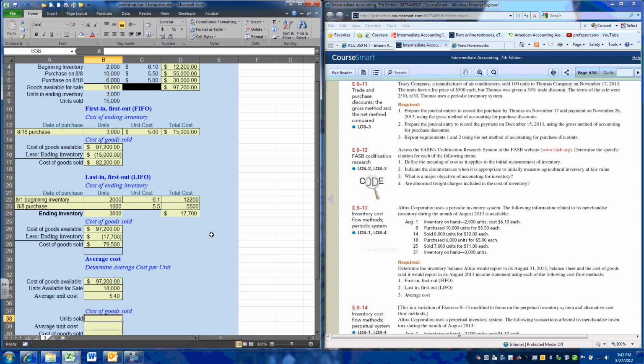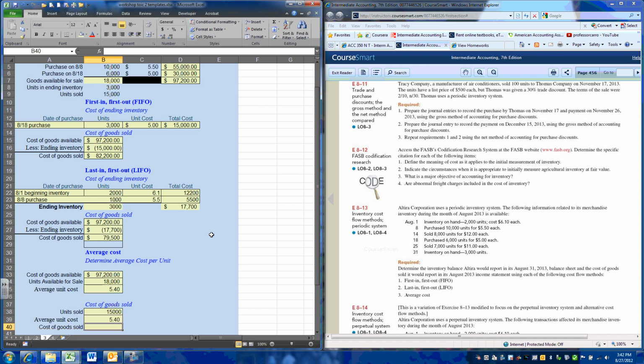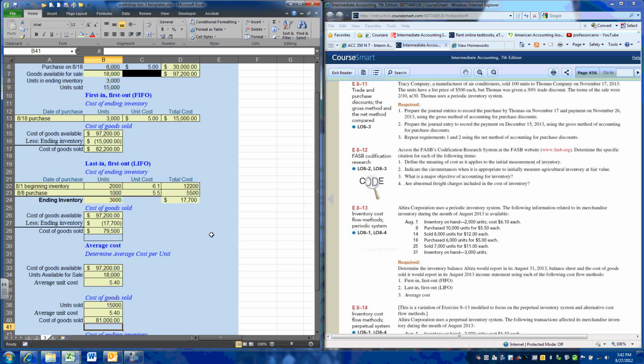We said we had sold 15,000 units. We're going to apply the average cost of $5.40. So our cost of goods sold is the number of units that we sold times the average cost, and we're going to have a cost of goods sold using the average cost method of $81,000.